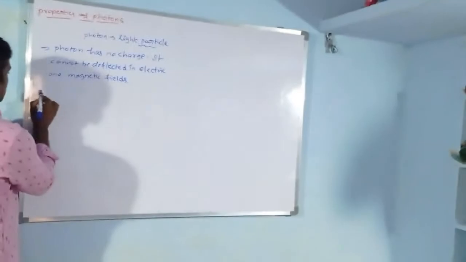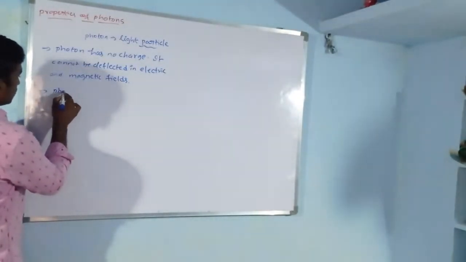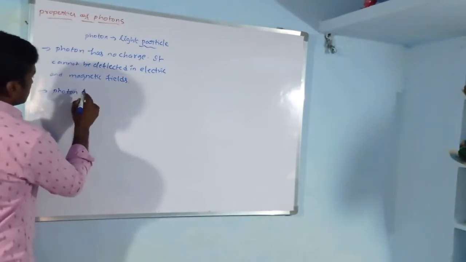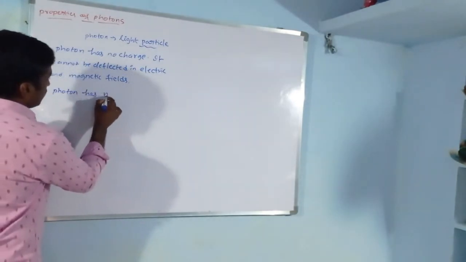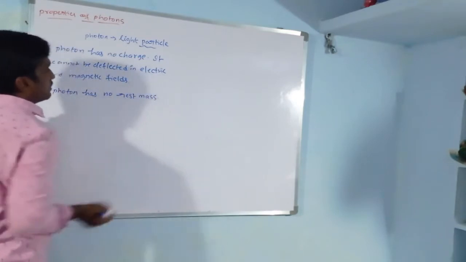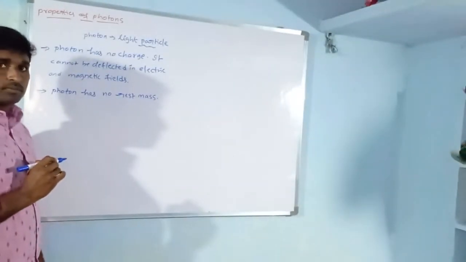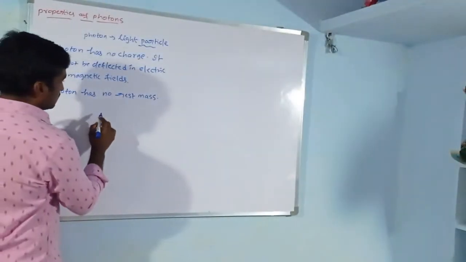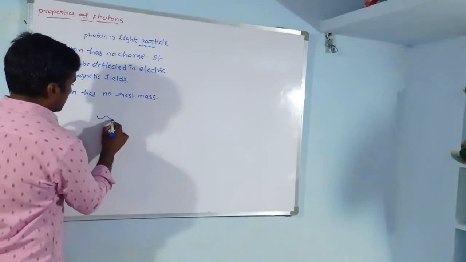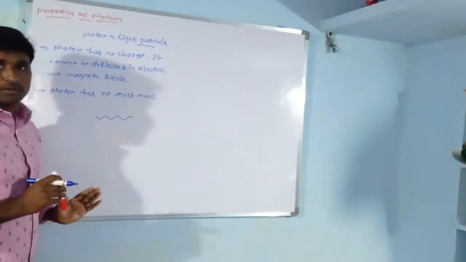Next, photon has no rest mass. No rest mass means photon has mass only when it is in motion.